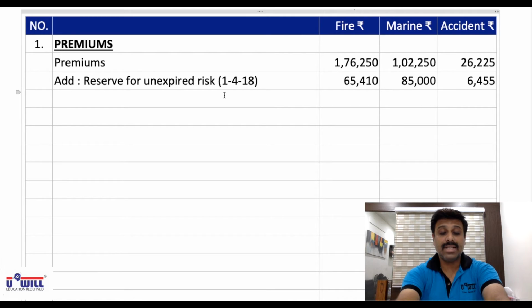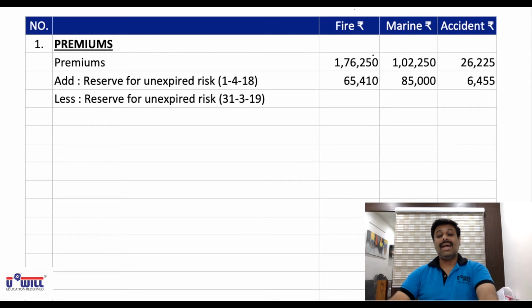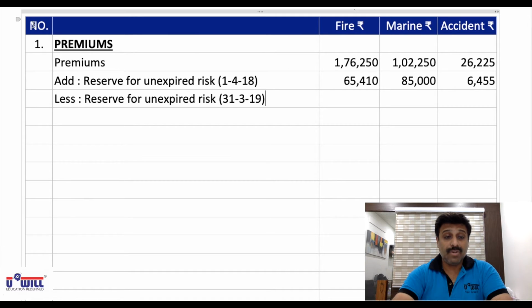So adding the reserve for unexpired risk is done. Now we'll subtract reserve for unexpired risk on 31-3-19. I discussed this with you earlier also: for Marine only we will keep 100%. All other businesses we have to keep 50% only.